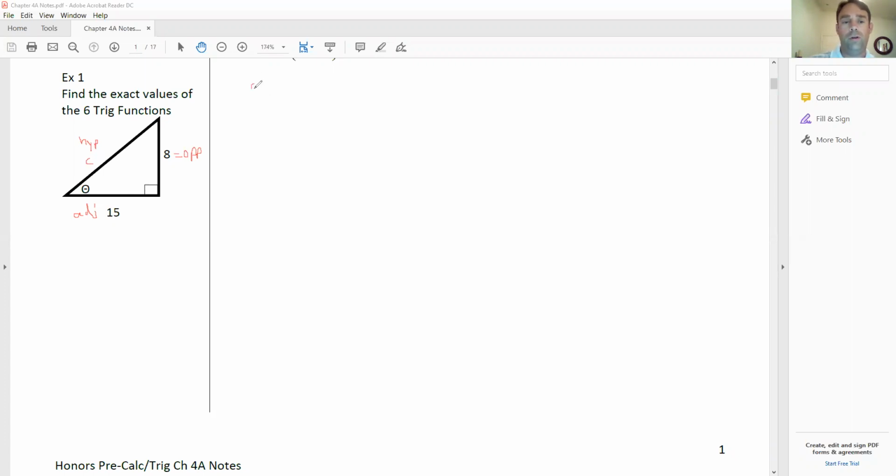So a squared plus b squared equals c squared. Plugging everything in, we have 8 squared plus 15 squared.